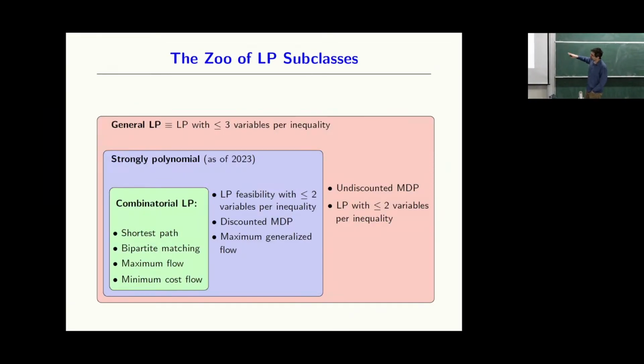Now there are many different types of linear programs, and here's a picture to give you a classification. Many of your favorite combinatorial problems, such as shortest path on a graph, finding a perfect matching in a bipartite graph, or finding a maximum flow in a flow network, can all be written as linear programs.